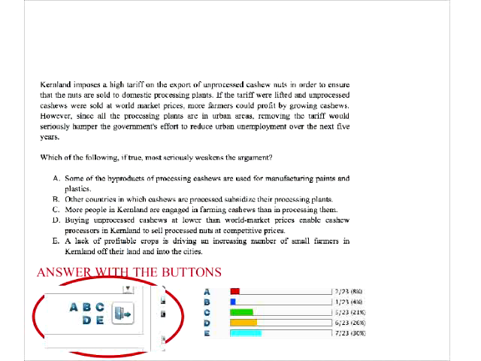The argument says if the tariff were removed, more farmers could profit, but fewer, like the processing plants, couldn't employ as many people.